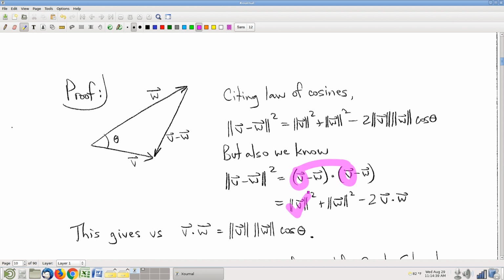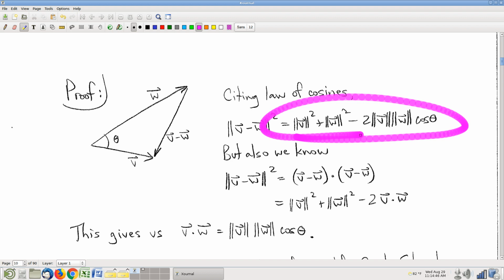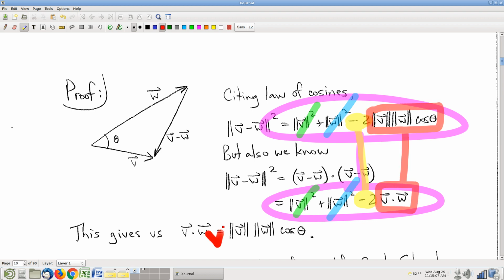And so therefore this equaling this tells me that this is equal to this, and those cancel, and these cancel, and then I can cancel this common factor of -2, and I get what I wanted, that this is equal to that. Anybody see how that works? The neat result. Who knew that the law of cosines would be useful at some point?